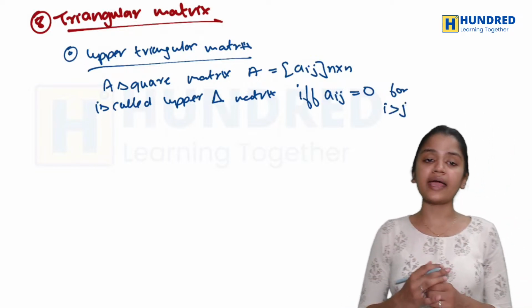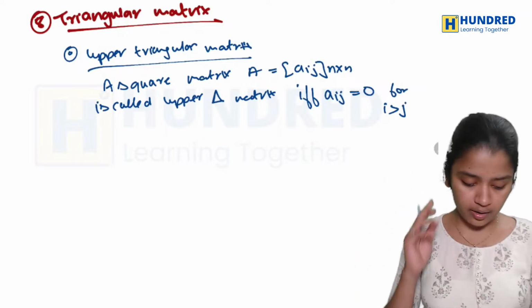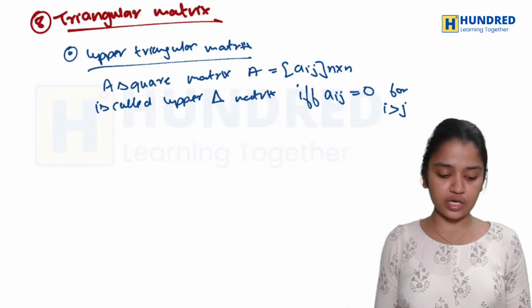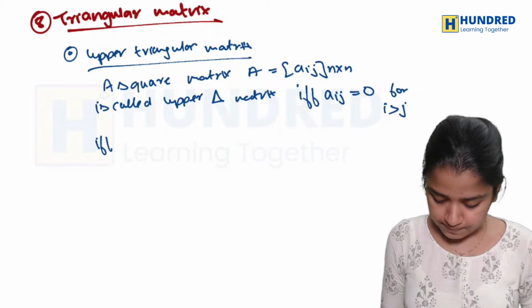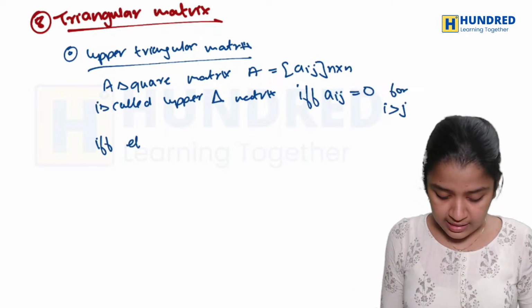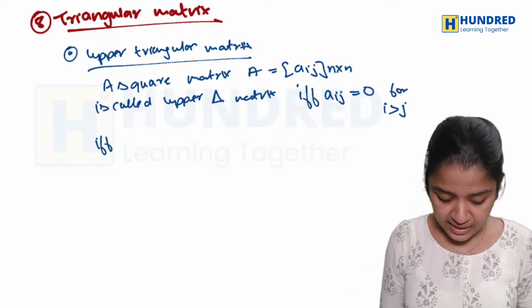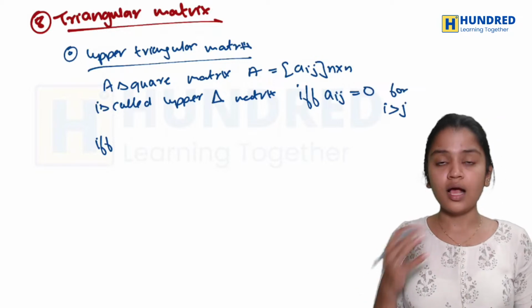So if and only if all elements below the principal diagonal are 0.